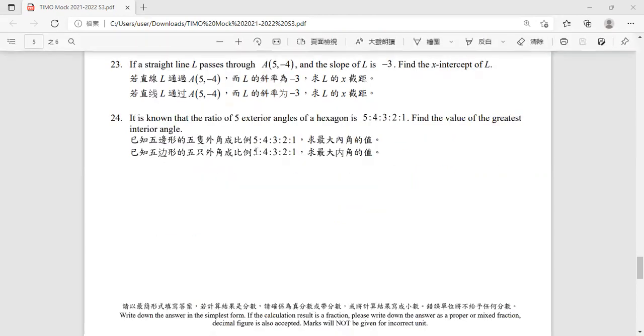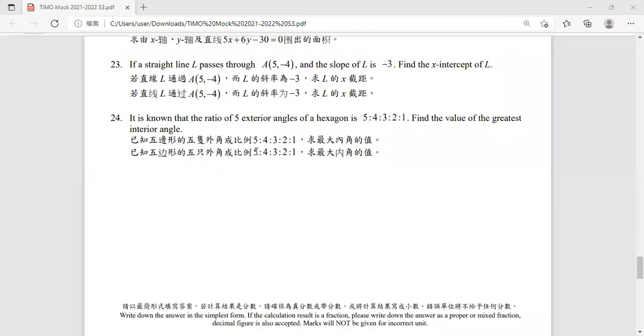Okay, 24. They know that the ratio of the 5 exterior angles is 5 to 4 to 3 to 2 to 1. Find the value of the greatest interior angle.